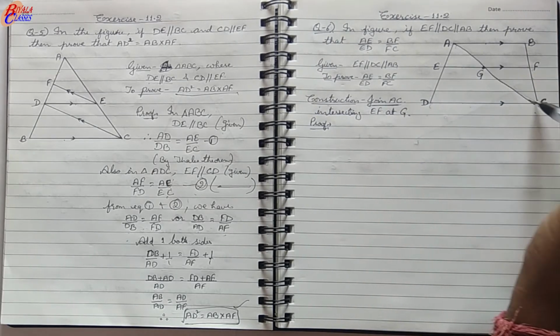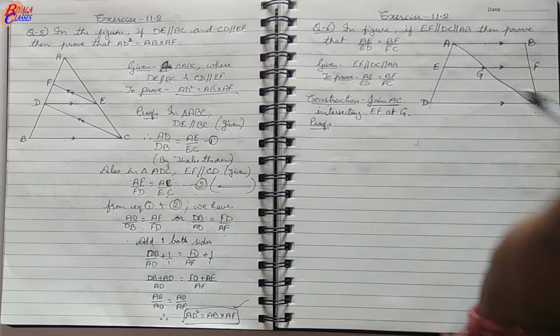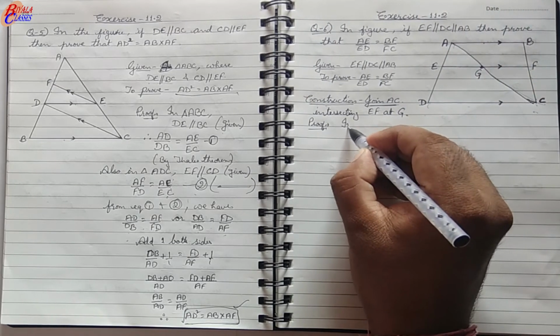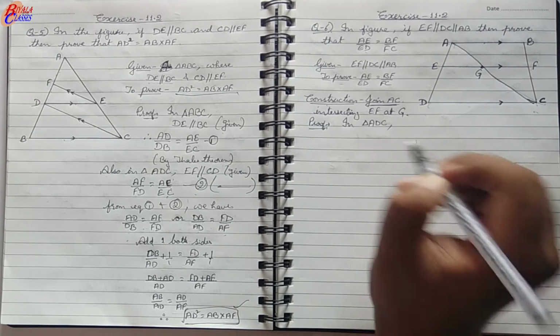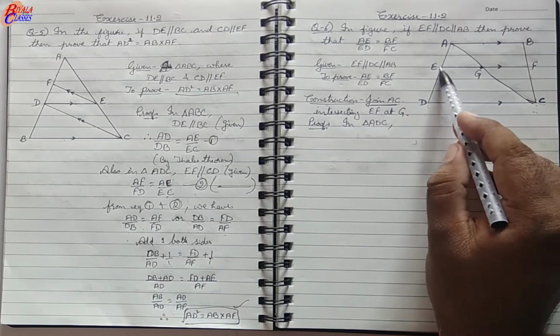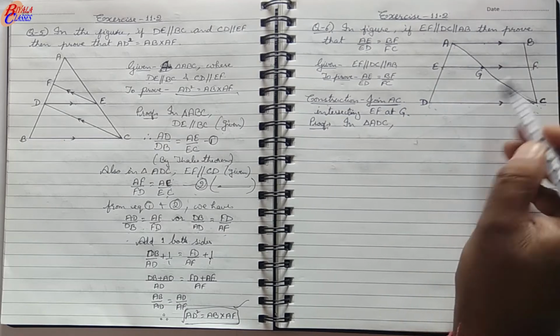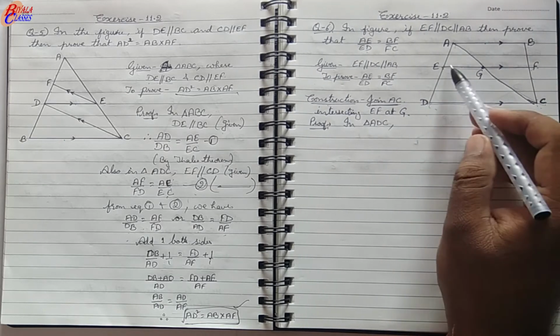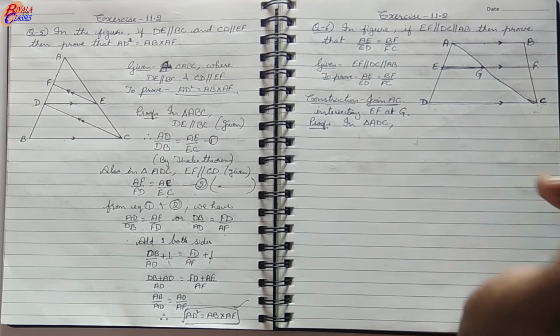So while joining AC, we get two triangles here. One is the triangle ADC. So let's take this triangle, in triangle ADC. Now here we are given that EF is parallel to DC. If EF is parallel to DC, then part of EF, that is EG, will also be parallel to DC.